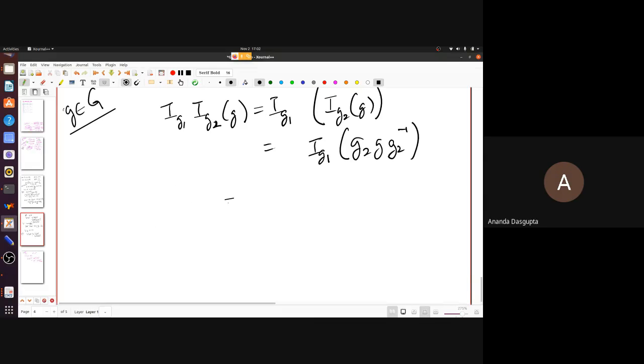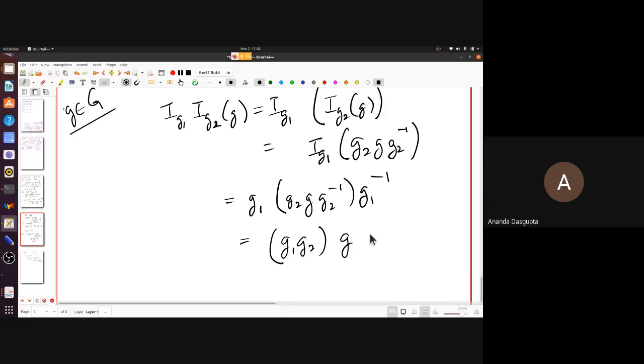But what is Ig1 acting on? So this is a group element on which Ig1 acts, but what does Ig1 do to that? It just takes, again, something which should be very familiar to all of you from your study of matrices, g1 g2 g g2 inverse g1 inverse, which of course is the same as g1 g2 g (g1 g2) inverse.